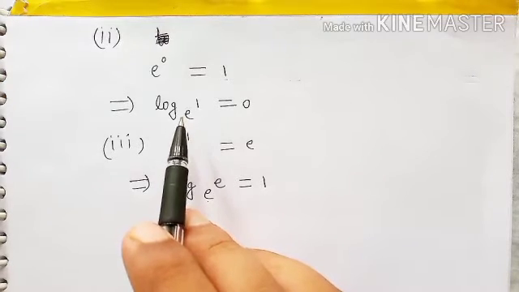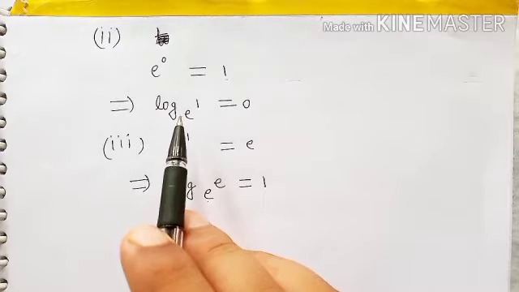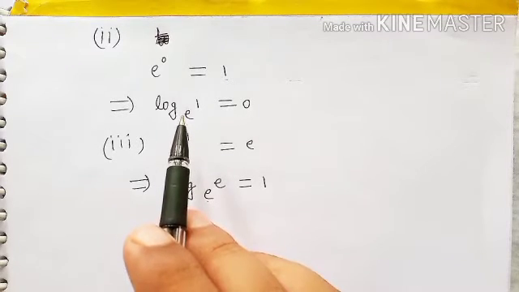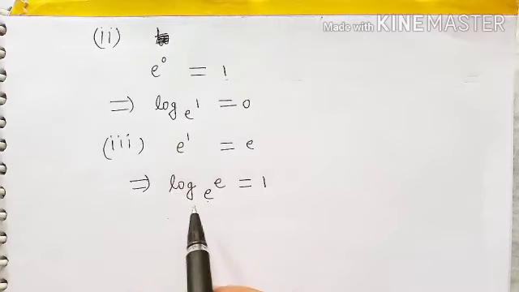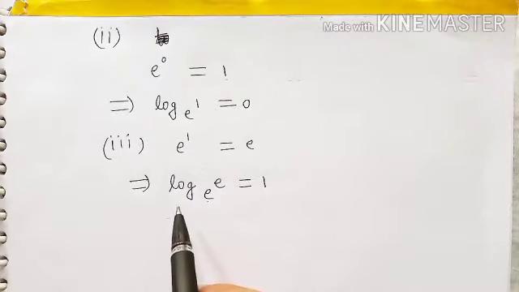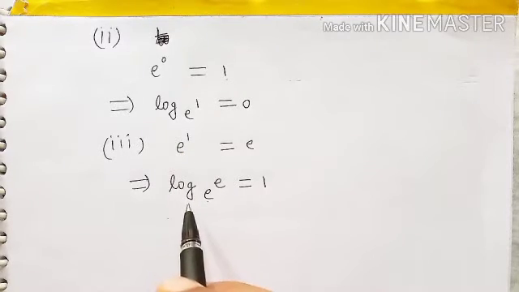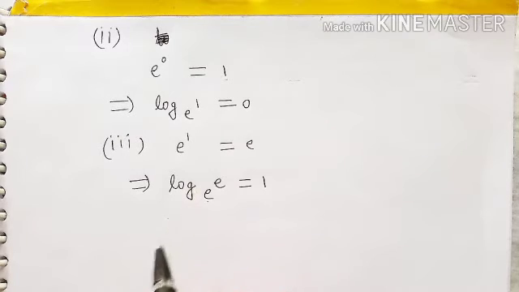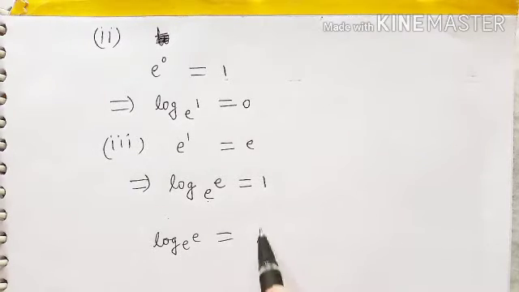So if the base is 10, then the name of the function is common logarithmic function, and if the base is e, then the name of the function is natural logarithmic function, and it is also denoted by ln.